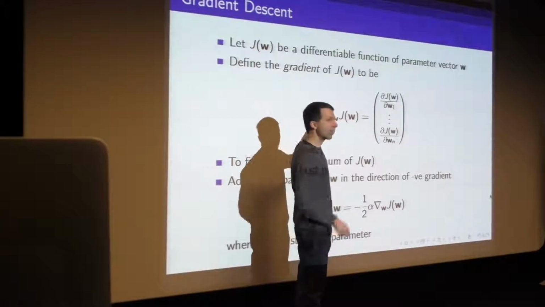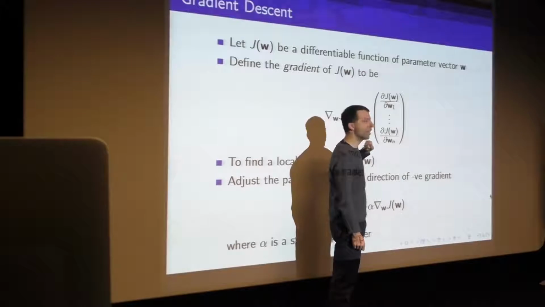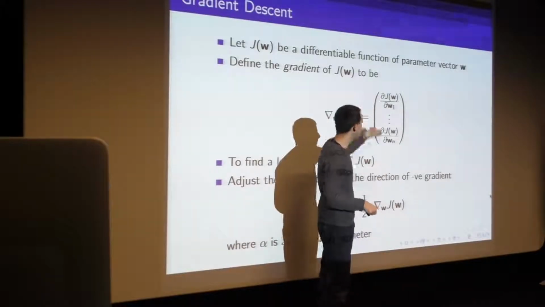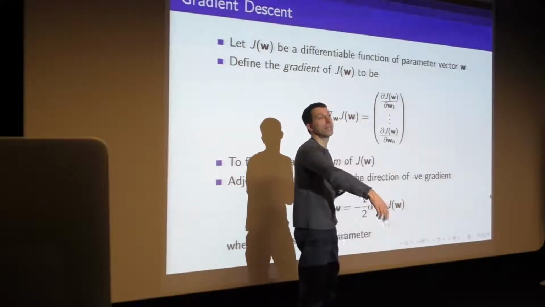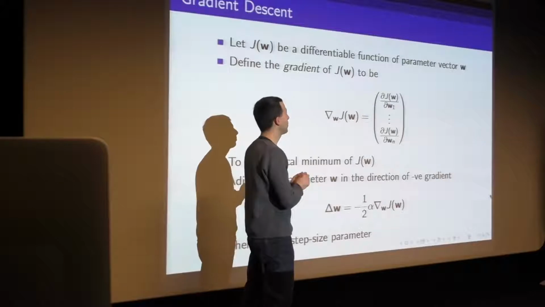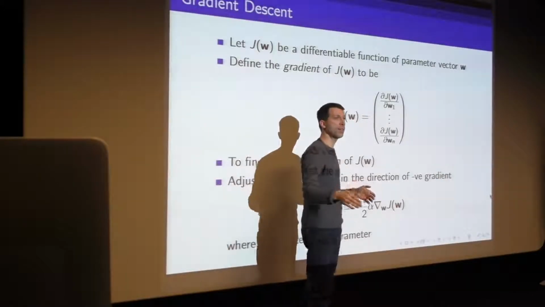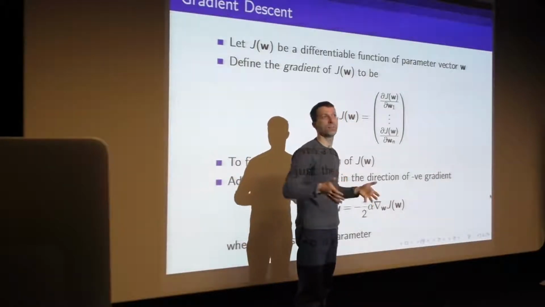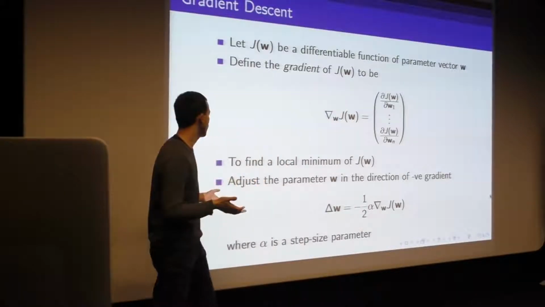What we're going to define the gradient vector to be is the vector of partial derivatives with respect to each of our parameters in turn. So this vector basically tells us the direction of steepest descent, or steepest ascent. And we're going to follow this downhill. So this thing tells us, if I'm on some surface, which way is down? And I want to follow that down my surface in the steepest possible way.